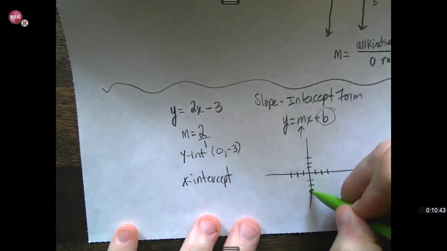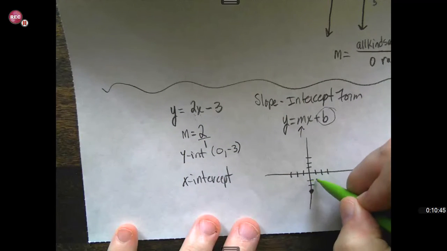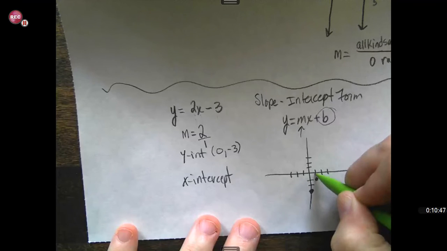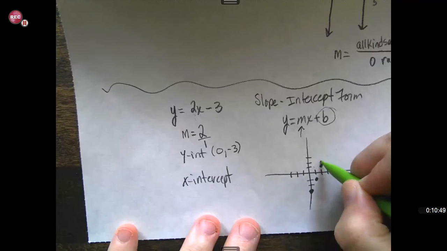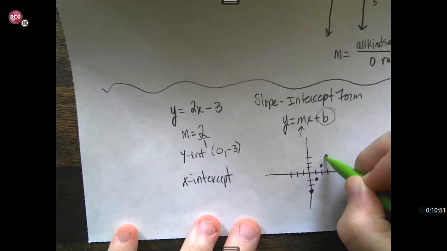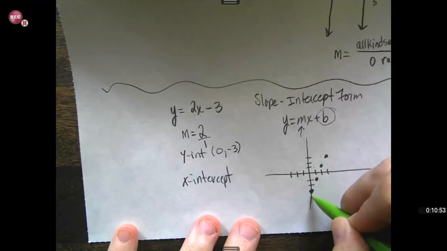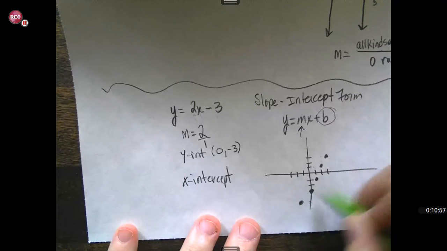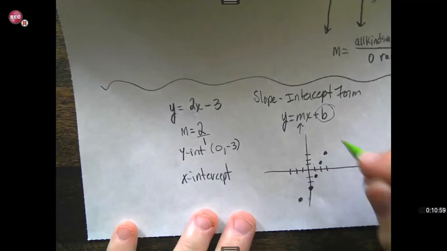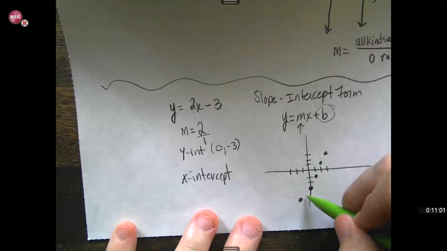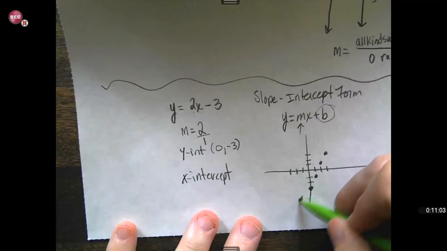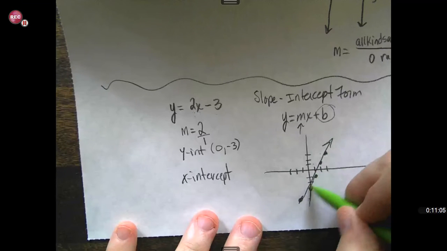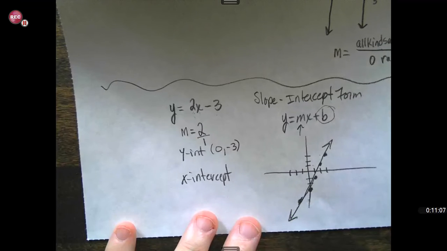So from here, I'm going to rise 2 and run 1. I can rise 2 and run 1 again, and I will continue to land on that line. I can rise negative 2 and run negative 1, and I still land on that line. Anyway, there's the graph of that line.